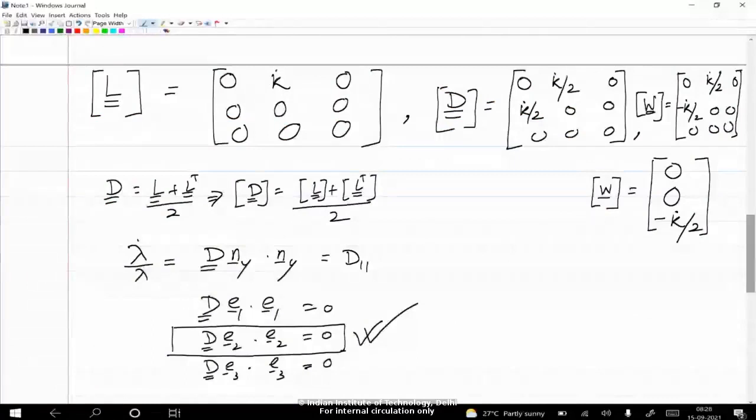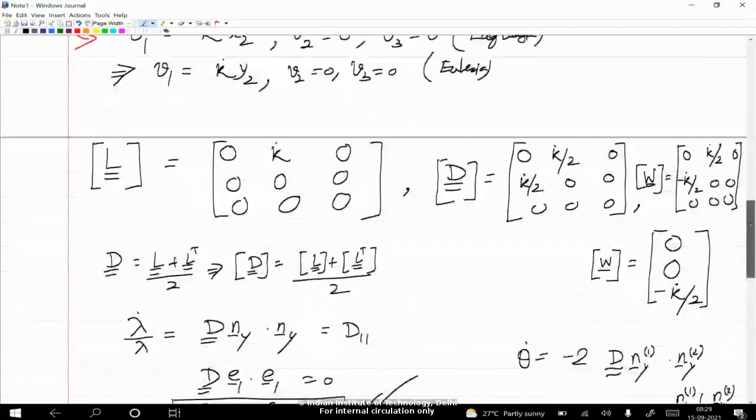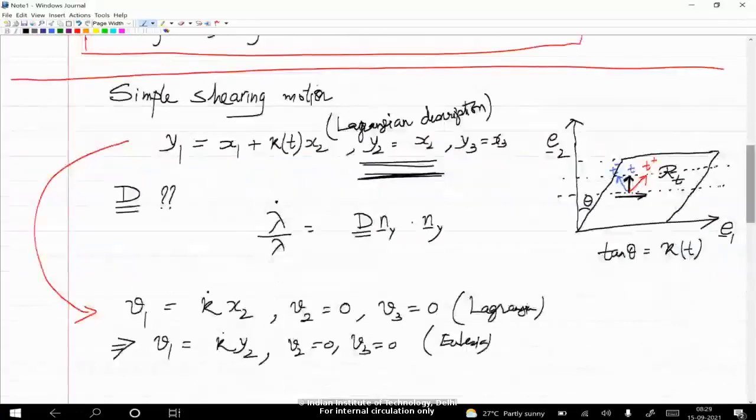In that case, the formula had simplified, and we had that theta dot was equal to negative of 2 times d ny1 dot with ny2. So here, of course, ny1 is perpendicular to ny2. Okay. So when they are perpendicular, the formula was quite simple. So again, going to the physics, what do you think about the change in angle between line elements which are along E1 and E3? E1 and E3.